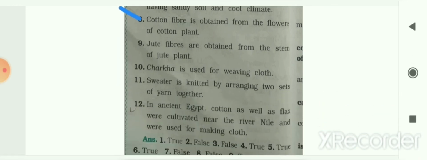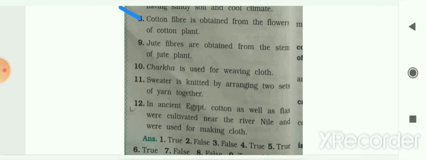Cotton fiber is obtained from the flowers of the cotton plant. So the answer is false. We are getting that not from the flower, but from cotton fruits. The next is, jute fibers are obtained from the stem of the jute plant. The answer is true. Next, charkha is used for weaving cloth.